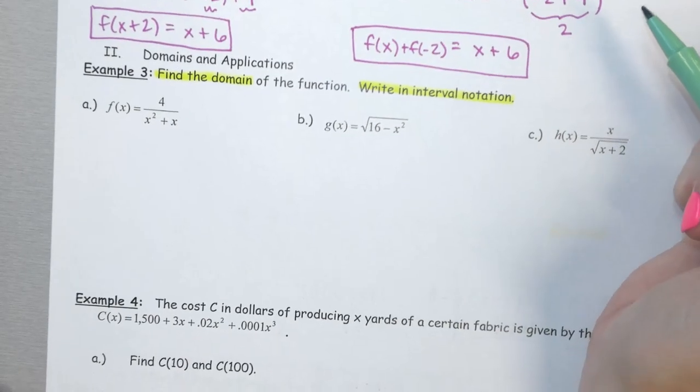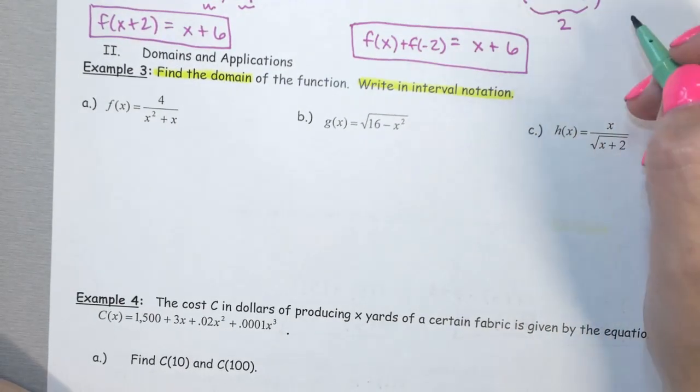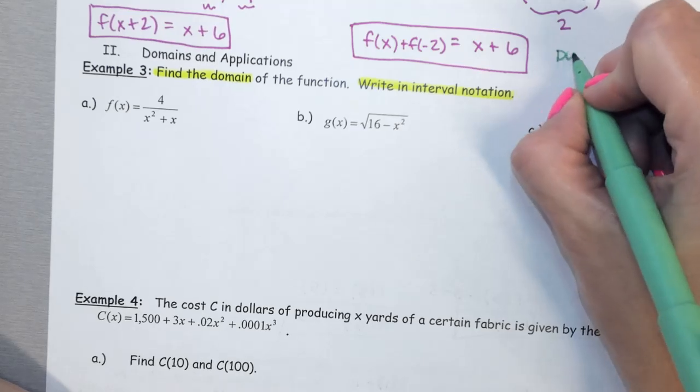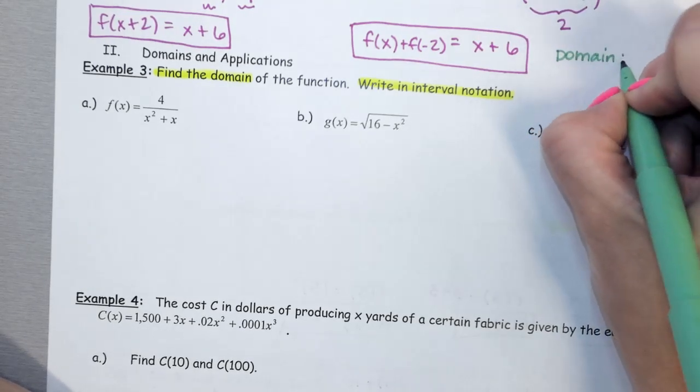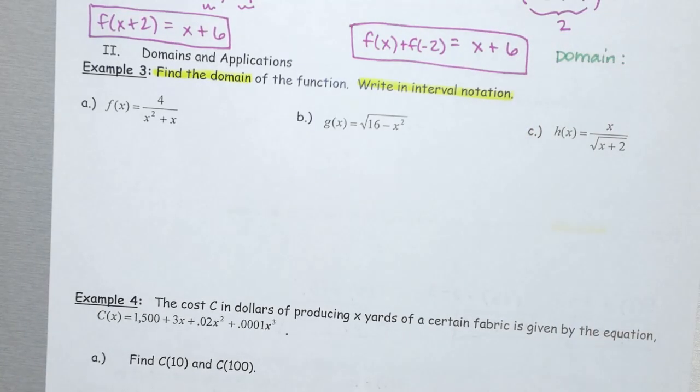Okay, so when you're finding the domain, let's talk about the restrictions. What are the two things we're looking for when we have the domain? What can't we have?